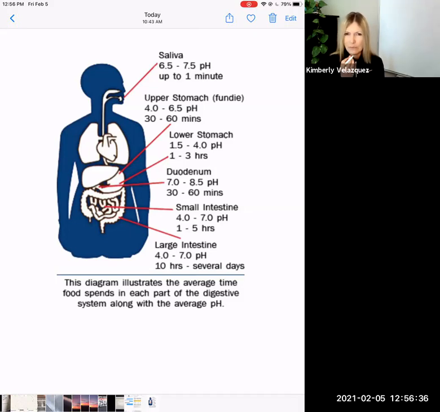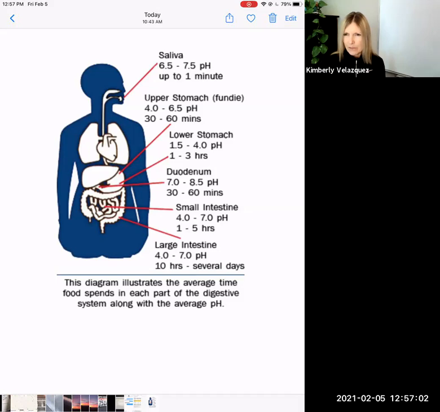That's going to be a different pH than what the food achieves when it hits your stomach. What does this have to do with this class and what you need to know? I'm not going to talk in detail about the function of the digestive system, but I want you to realize pH varies throughout the body. Buffers need to keep pH constant, whatever is normal for that area of the body.